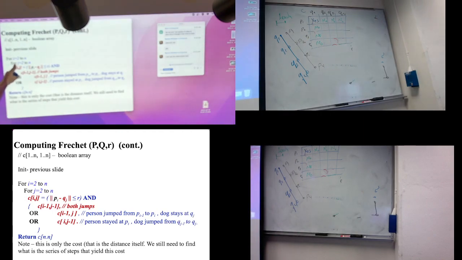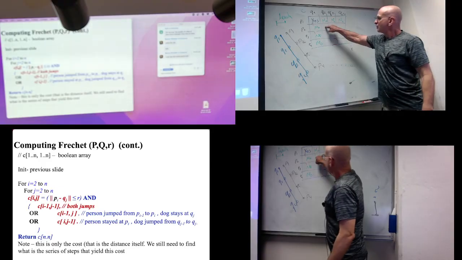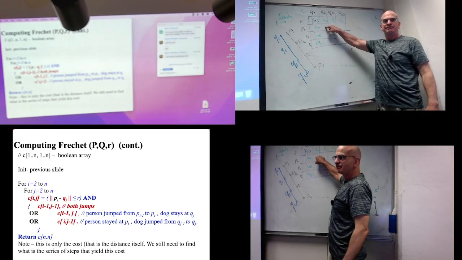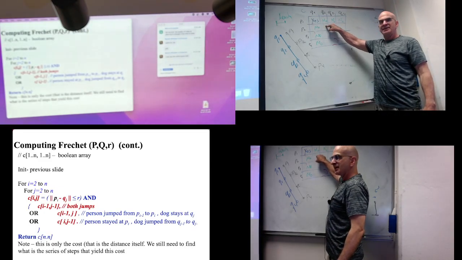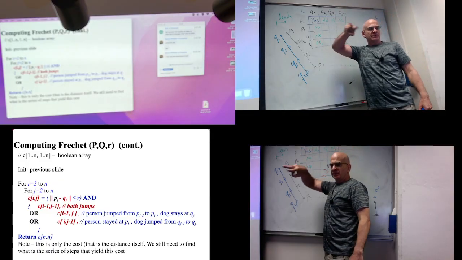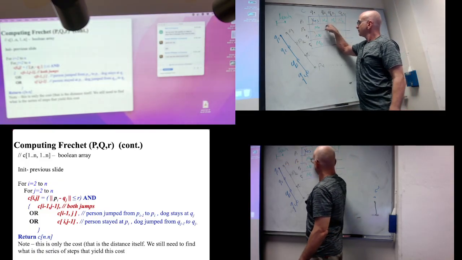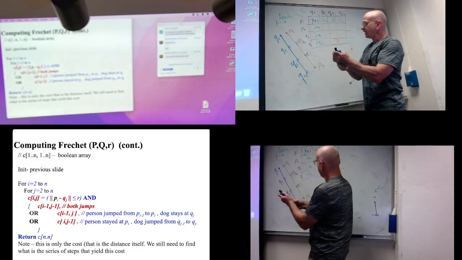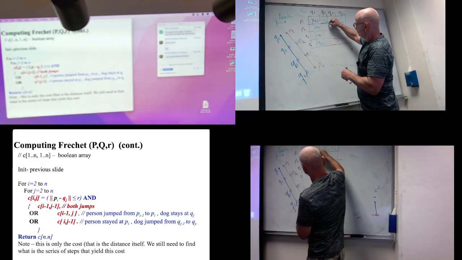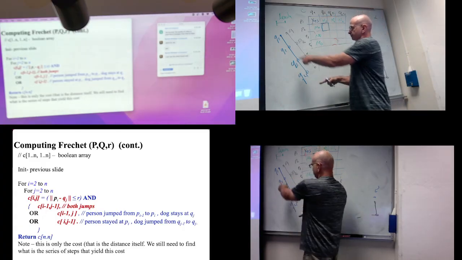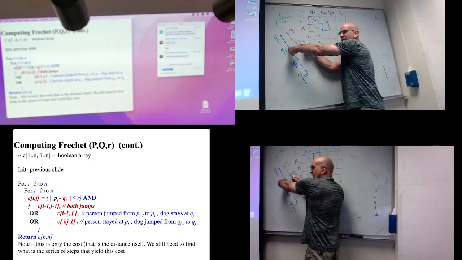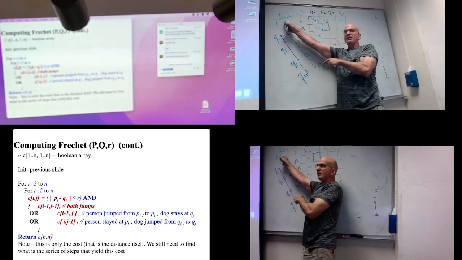And for i from 2 to n, what's going to happen? What do I write in C22? Let's check, to know what I'm writing in this cell. What am I checking? First, the distance between P2 and Q2, compared to this distance.